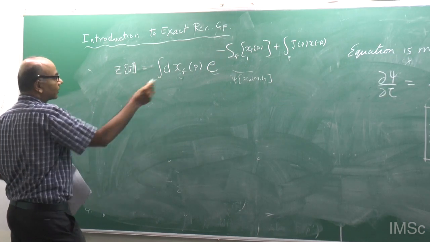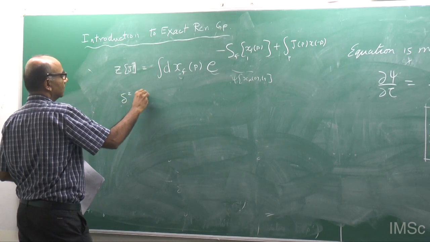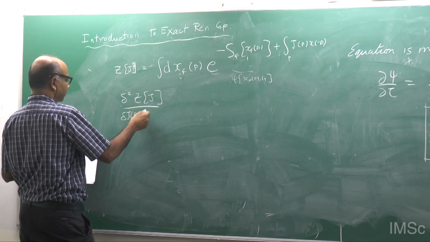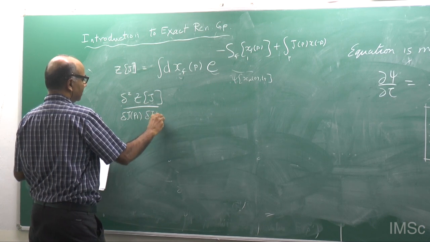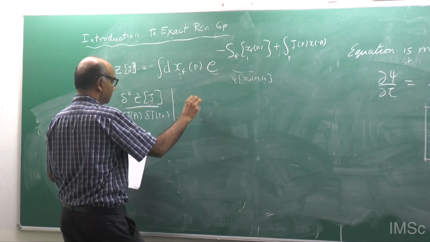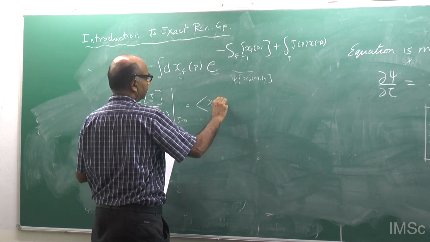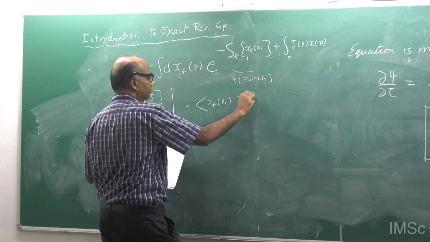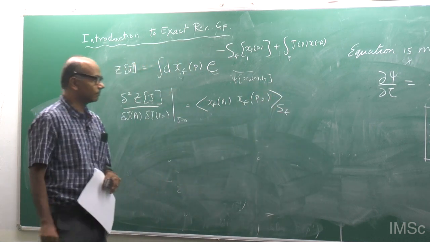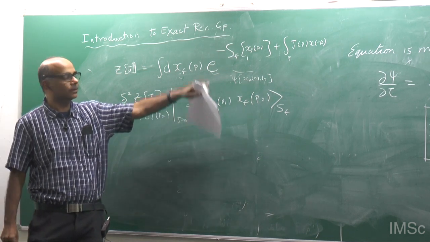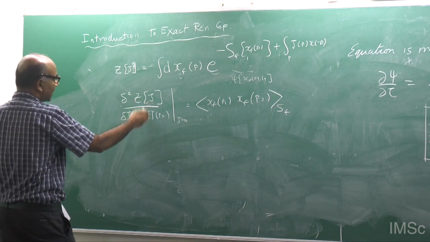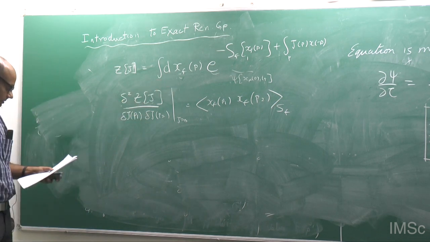And how do I calculate correlation functions? I do this. You can use x or p, it doesn't matter. Since I'm working in momentum space, it's better to take p. So this is the correlation you calculate from S, the low energy action. And you can put higher derivatives and calculate higher ones.